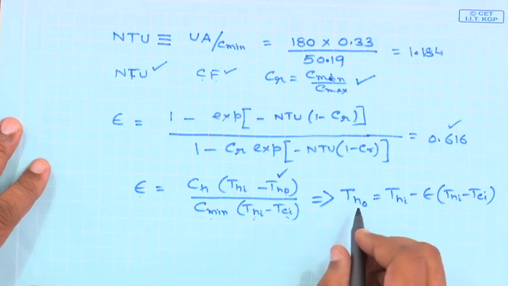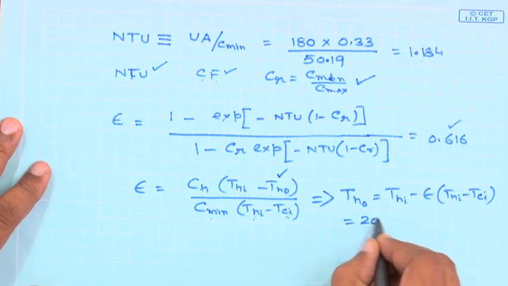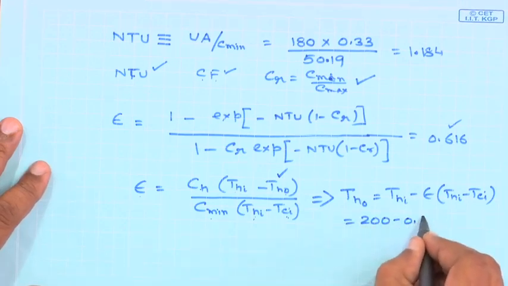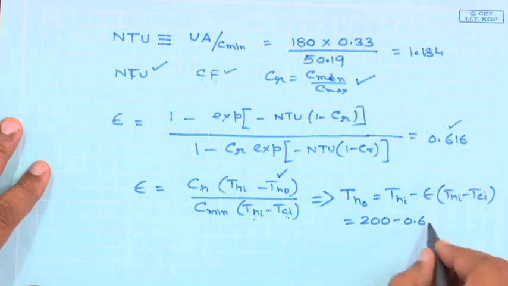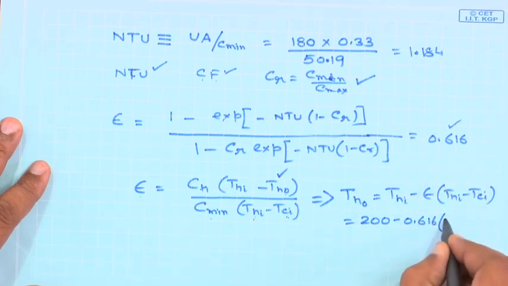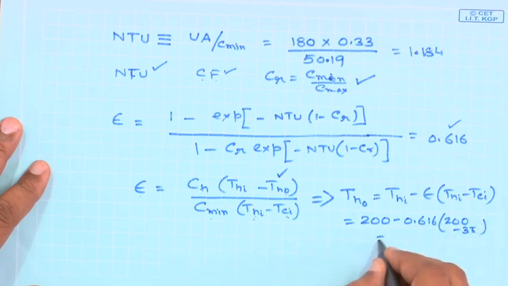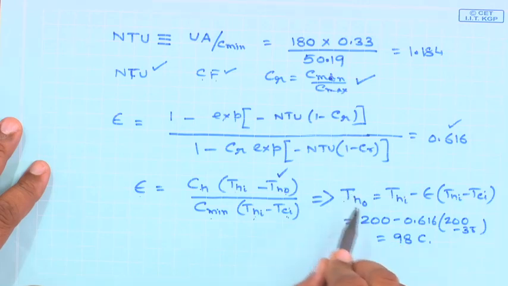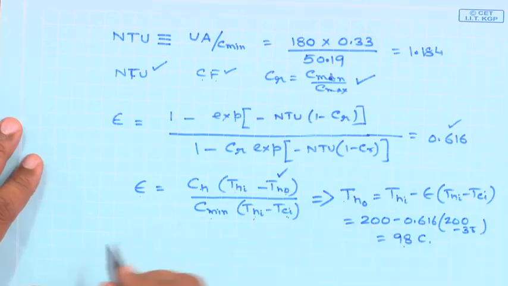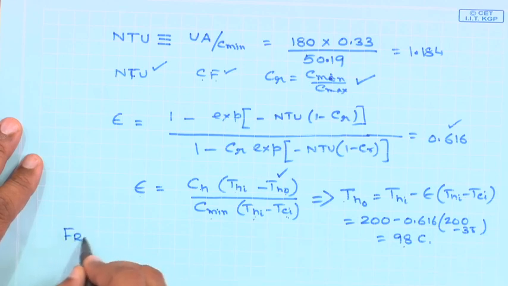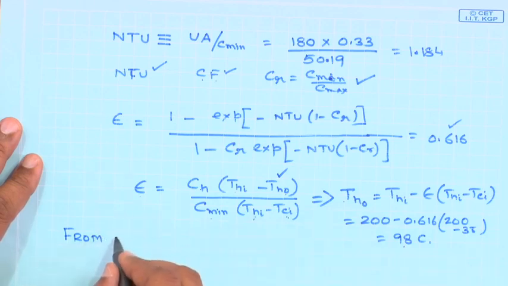So, when you plug in the values in here, this would be 200 minus 0.616 multiplied by 200 minus 35. So, this would be equal to 98 degree centigrade. So, the temperature of the hot fluid at the outlet can be evaluated as simply 98 degree centigrade. And from energy balance, the other unknown is Tco, the temperature of the cold fluid at the outlet.